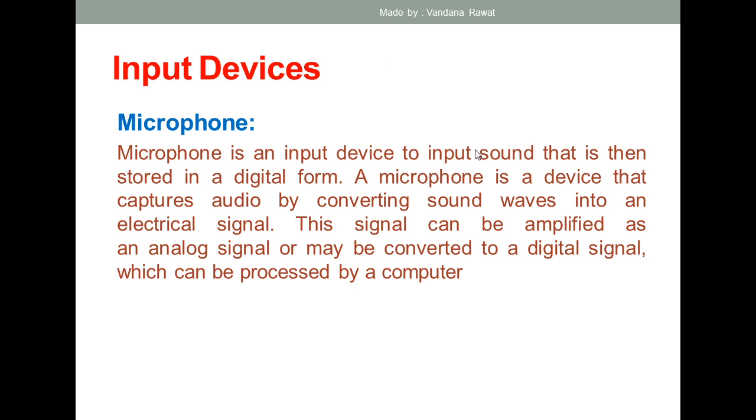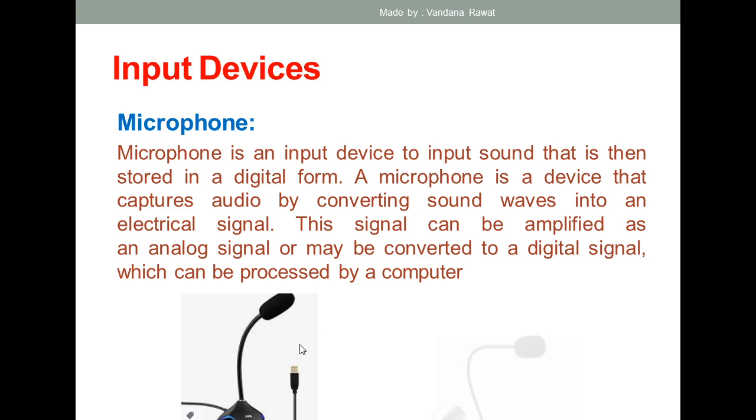So a microphone is a device that captures audio by converting sound waves into electrical signals. These signals can be amplified as an analog signal, or they may be converted into a digital signal with the help of a computer. The microphone looks like this.